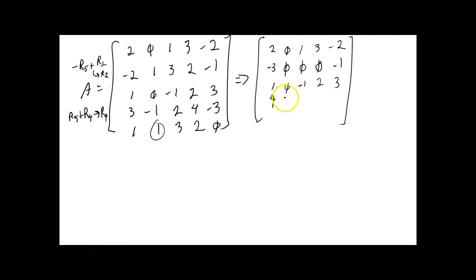Plus or minus 1 is 0. 2 plus 3 is 5. 2 plus 4 is 6. And 0 plus a negative 3 is negative 3. And we're going to hang on to the bottom row. 1, 1, 3, 2, 0. That 0 is looking a lot less important now, okay?